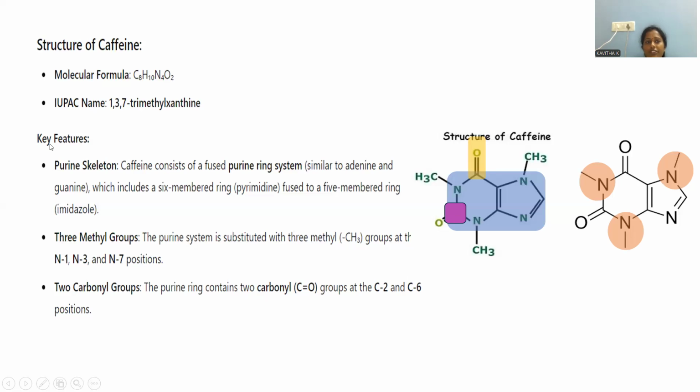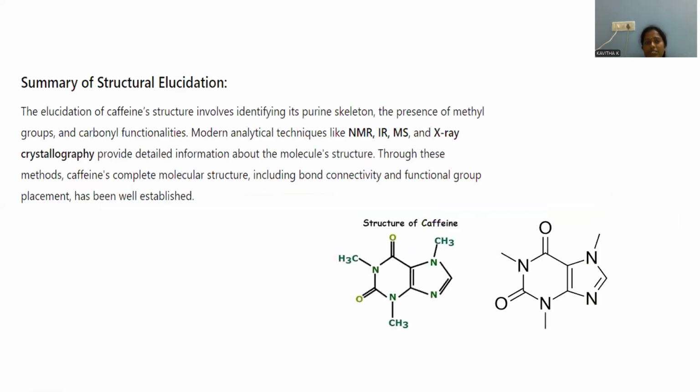So this is about the key features of the caffeine molecule. This is a confirmation we got by the entire analytical structural elucidation process. Now we have the summary. Elucidation of the caffeine structure involves identifying the purine skeleton, the presence of methyl groups, and carbonyl functionalities.